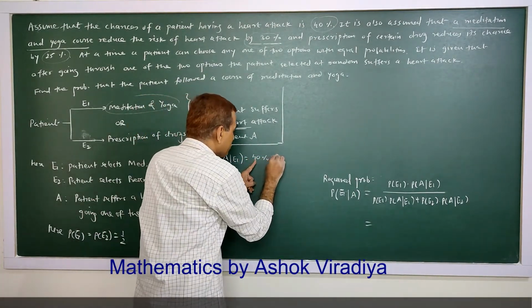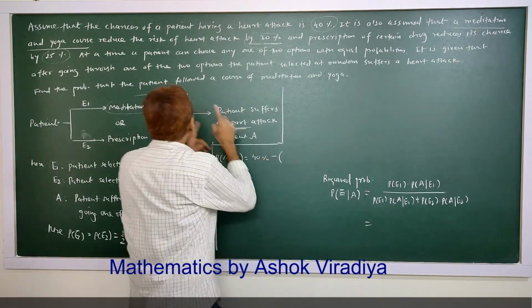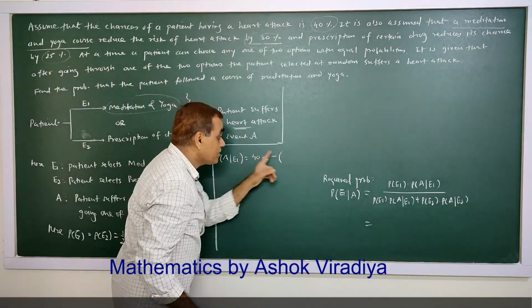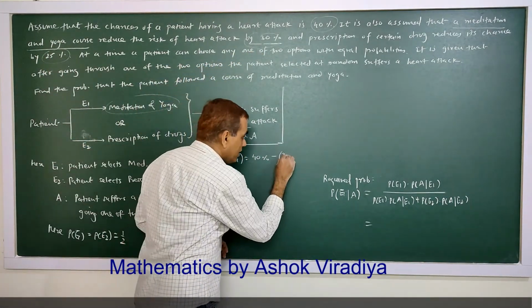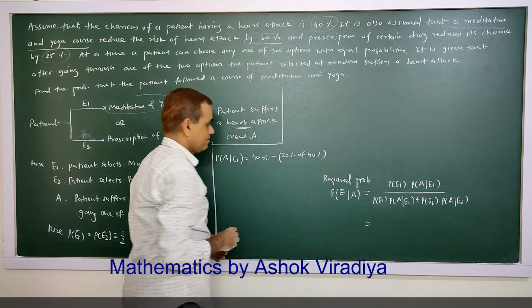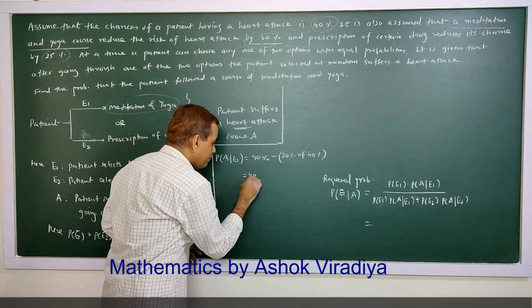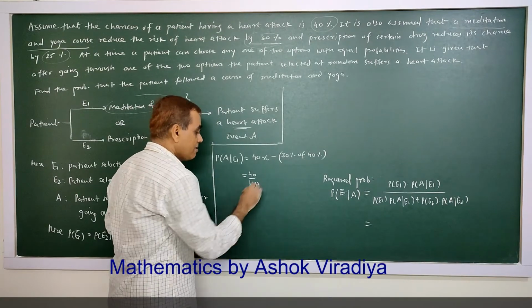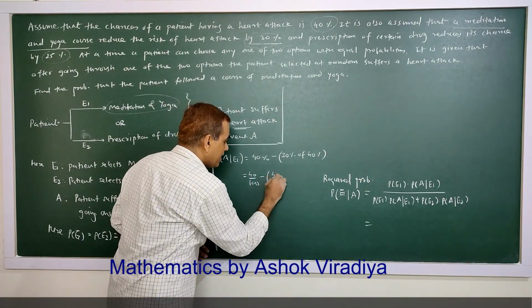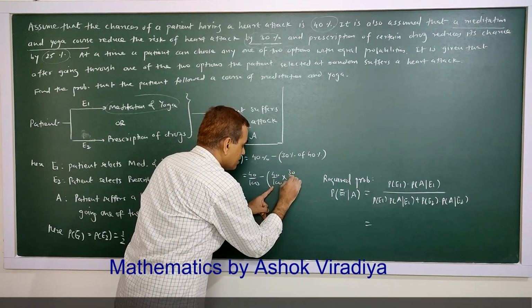Then it will be reduced by 30%. So 30% of 40%. This can be expressed as 40 by 100 minus 40 by 100 into 30 by 100.